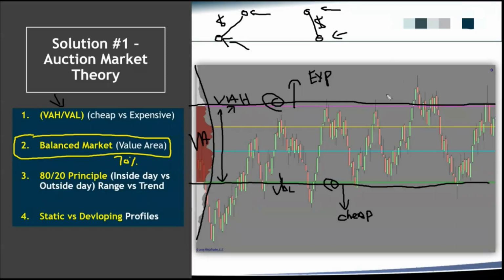Everything outside of here consists of 30%. We call the middle the noise zone. We call this the noise zone.